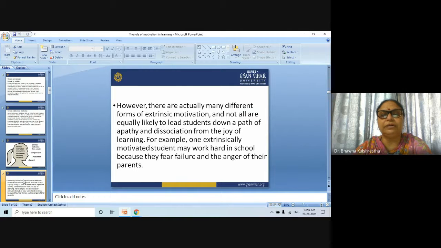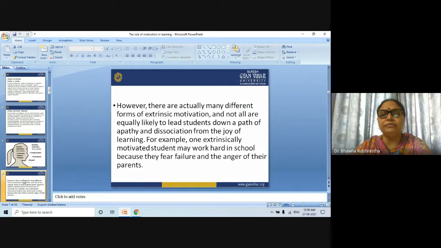For example, one extrinsically motivated student may work hard in school because they fear failure and the anger of their parents.